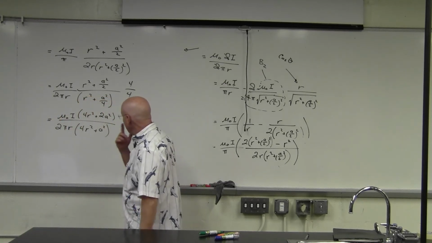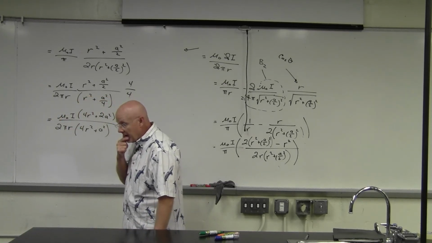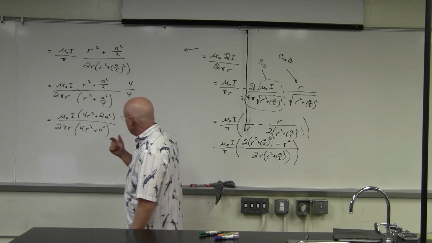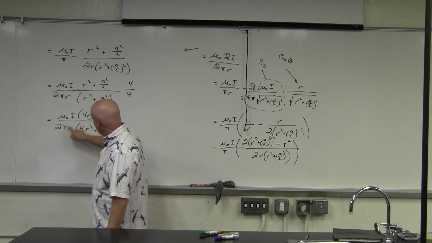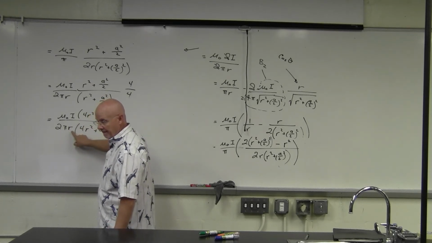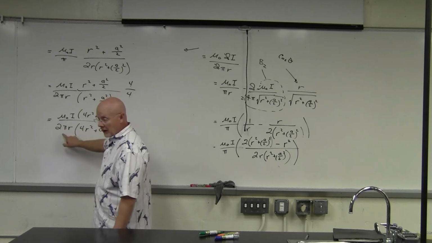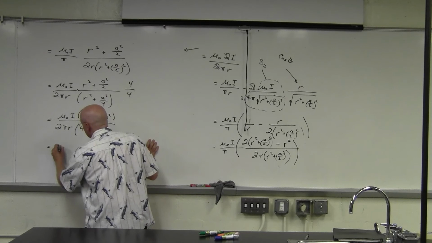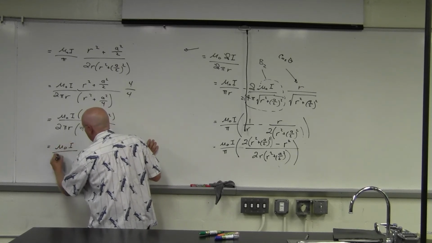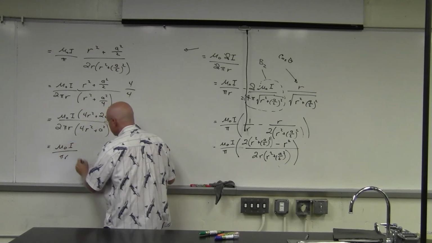All right, so they have a mu naught I. Now they don't have a 2 there. They've got the pi r. Oh, I see what they did. So then they put that 2, okay. So they've got a mu naught I and they got pi r.